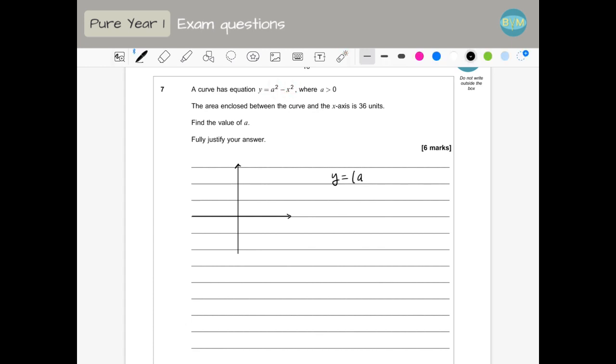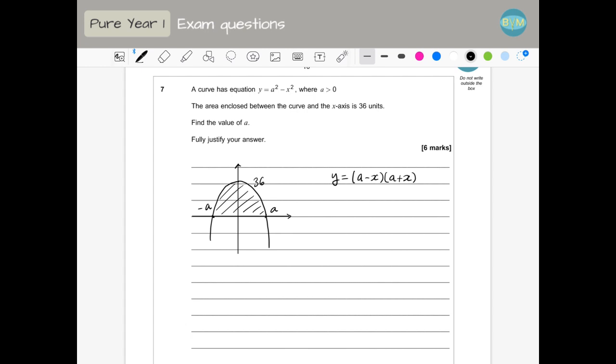So we can write it as (a minus x)(a plus x), which means the roots are x equal to a and x equal to minus a. So the quadratic is doing something like this, where this is minus a and this is a, and this is the area enclosed, which is 36.